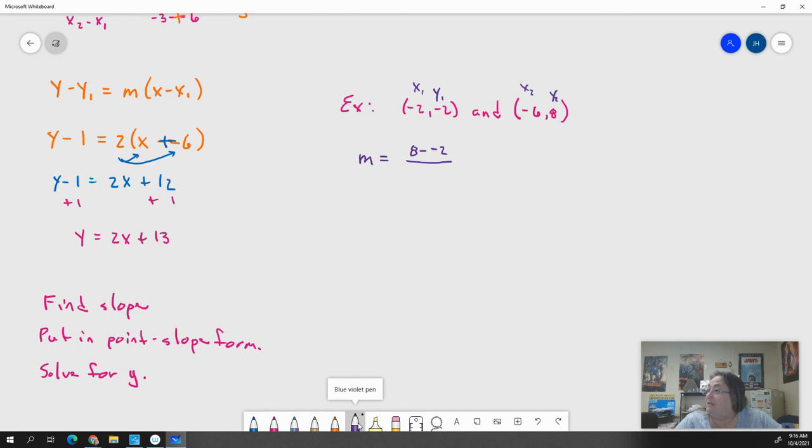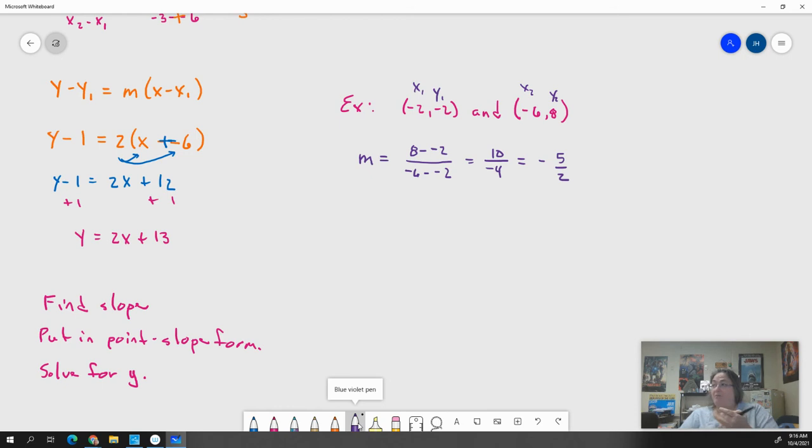Then we're going to go x2 is negative 6 minus 2. And I have minus 6 minus a minus 2, so that's like a plus 2. Minus 6 plus 2 is negative 4. Note this fraction right here, everything is divisible by 2, so I'm going to go with negative 5 halves.